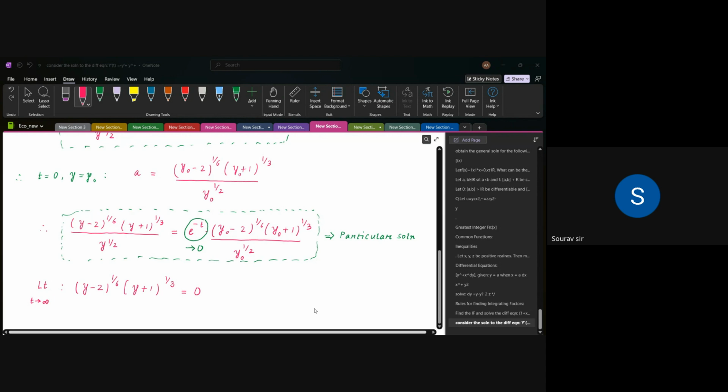Okay. Is it making sense to all of you? Any questions? So that means when t tends to infinity, this is the condition that will hold. From here, can we solve for the values of y when t tends to infinity?